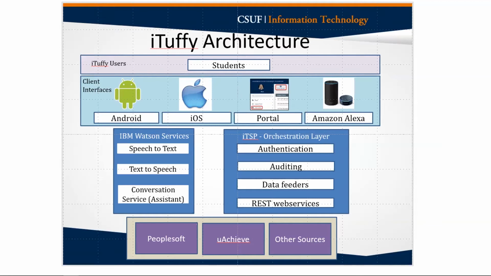Alexa, start iTuffy. Hi, I am iTuffy, your campus buddy. Did you know Titans reach higher by completing their FAFSA? The 2019 to 2020 FAFSA is available now at fafsa.gov and the California DREAM Act application is available now at dream.csac.ca.gov. Exit. Alexa, ask iTuffy, who is the mascot?